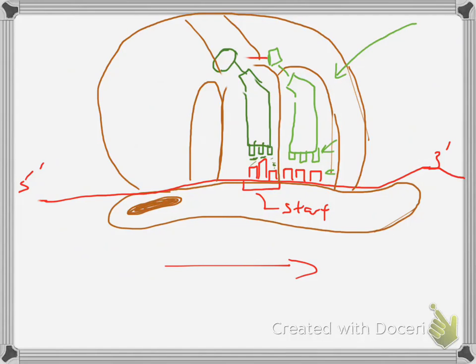Now we have created a bond between these two amino acids, and now we need to shift this whole thing. We need to do what is called translocate the ribosome, and we're going to shift basically one codon.